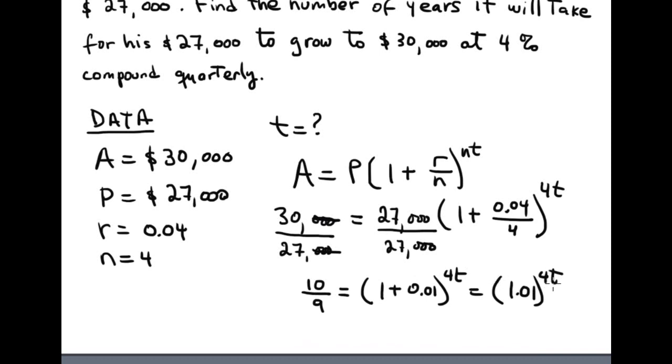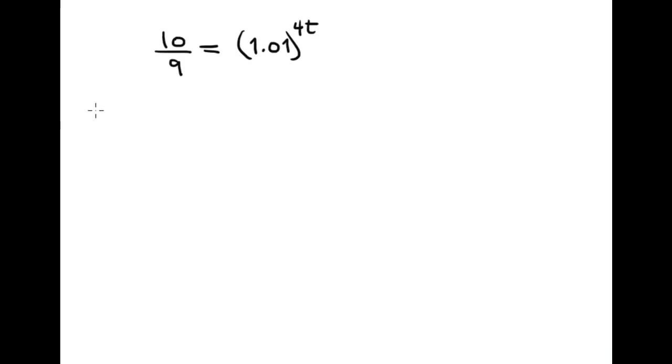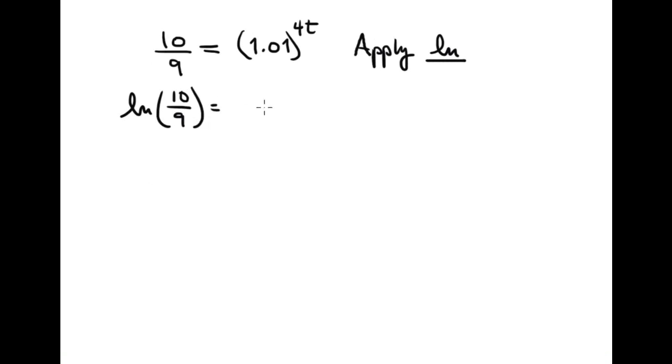Okay, and this is an exponential equation. Now you apply logarithm on both sides. I apply ln, natural logarithm. It doesn't matter which you apply. ln of 10 over 9 is equal to ln of 1.01 raised to the 4t.